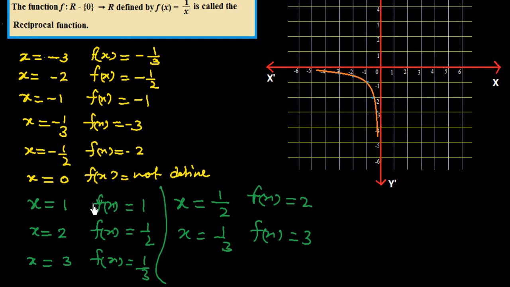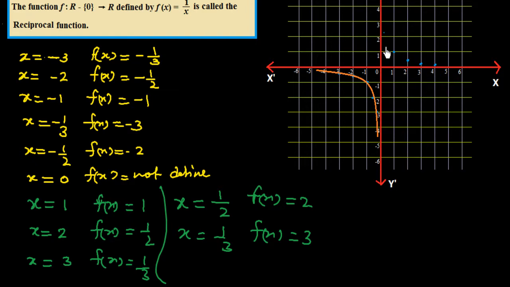For x equal to 1, we have f of x is 1 here. So we get a point here, and for x equal to 2, f of x is 1 by 2. So we get a point here. If x is equal to 3, it is 1 over 3, we get here. Similarly for 1 over 4, we get here.